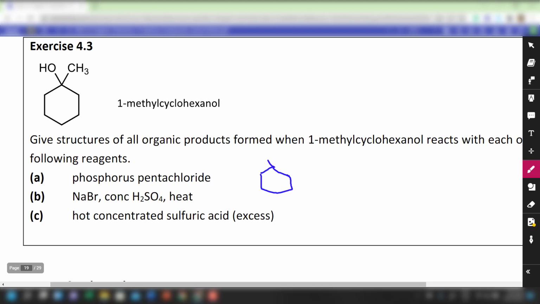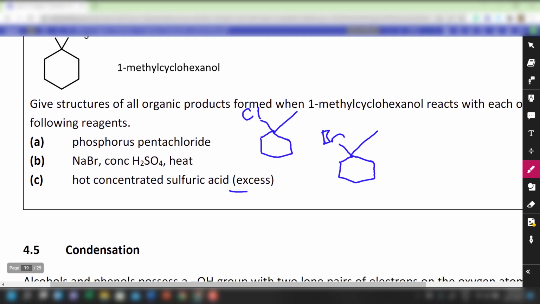Okay, something like this. Sodium bromide with concentrated sulfuric acid, so it generates HBr in situ. So I'm going to get the OH group being replaced by Br. Okay, concentrated sulfuric acid in excess, so I'm going to expect dehydration.